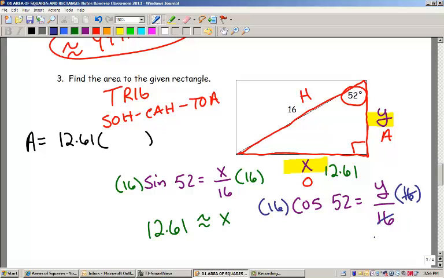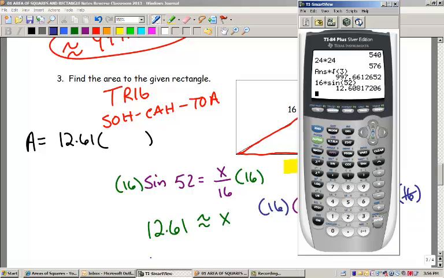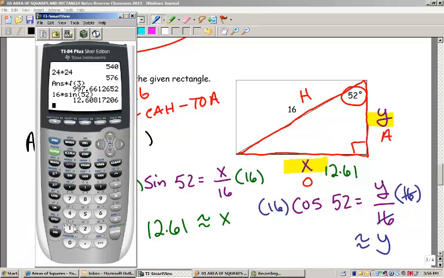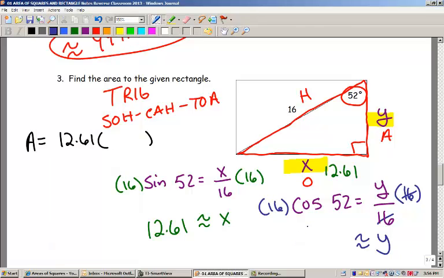These will cancel each other, and you get y to be approximately, calculator time, 16 times the cosine of 52, and you get an answer of, to two decimal places, 9.85 approximately. So this piece is 9.85. 9.85 is my other dimension.